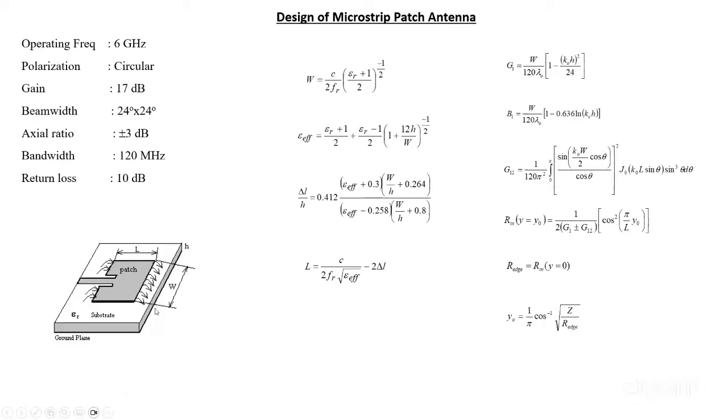That comes into the picture due to the fringing fields, the arrows marked on the left and right side of this patch antenna. Due to that, the effective length of the patch will increase, and we need to take that into consideration while arriving at the dimension of the patch antenna. So delta L is that additional length, and after calculating delta L, we arrive at the actual length of the antenna.